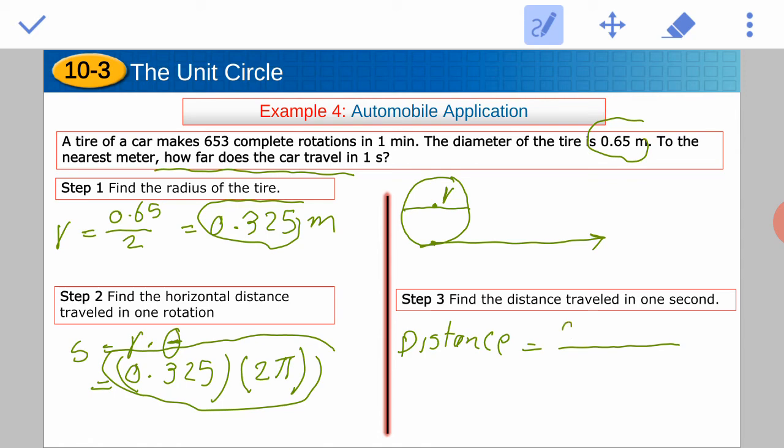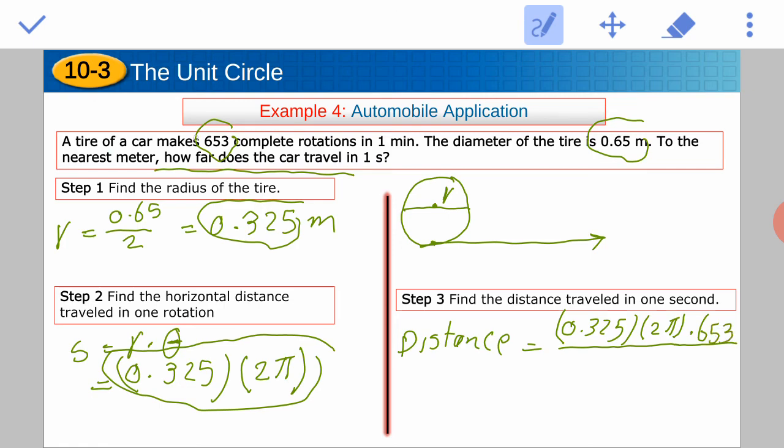It's 0.325 times 2 pi in radians. Okay, this is the horizontal distance traveled in one rotation, but that tire makes 653 complete rotations. So I have to multiply this times the number of complete rotations, 653.